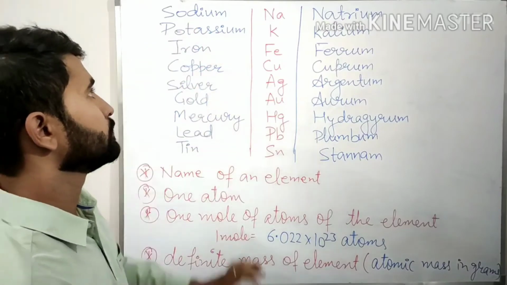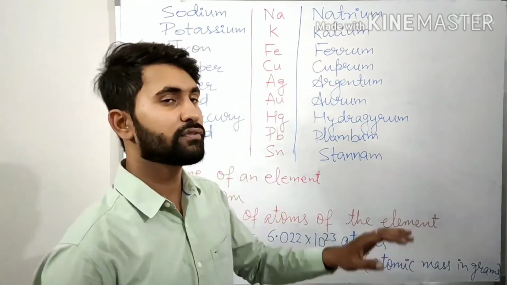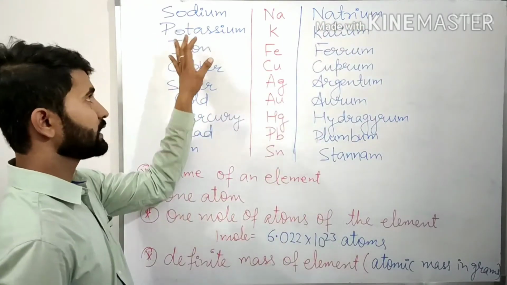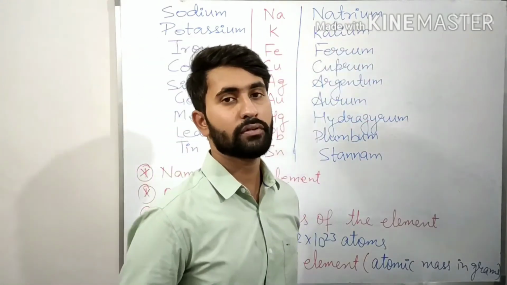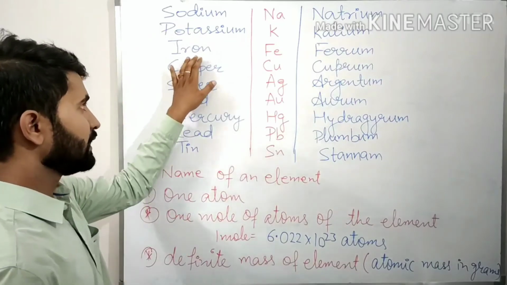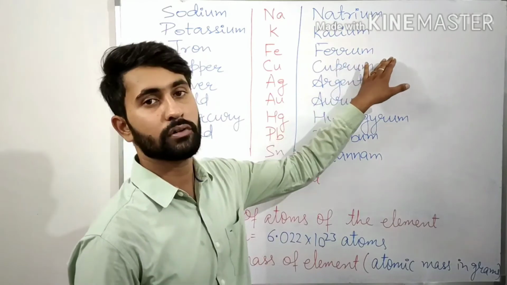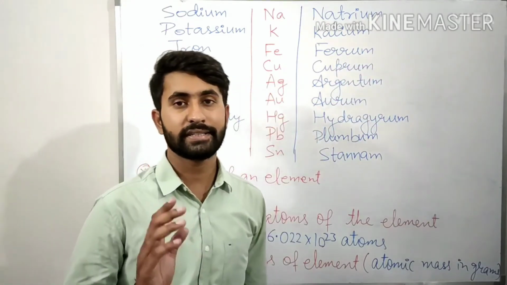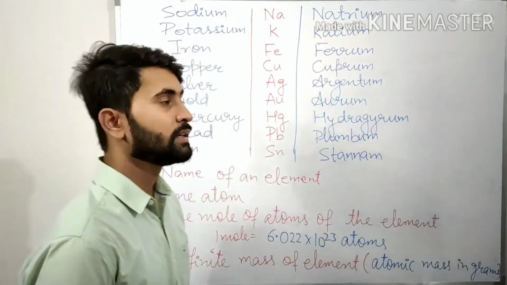For sodium, we use the symbol Na, derived from its Latin name natrium. For potassium, the symbol K is used, derived from the Latin name kalium. For iron, we use the symbol Fe, derived from the word ferrum. For copper, the symbol Cu is used, derived from the word cuprum.